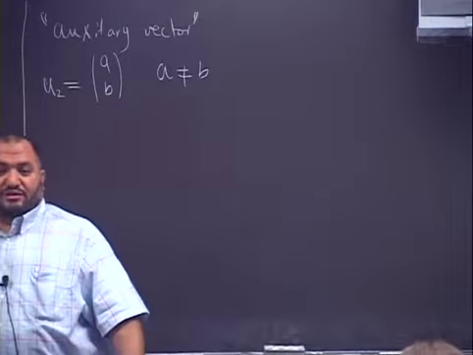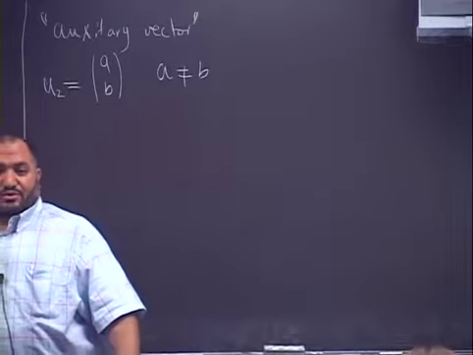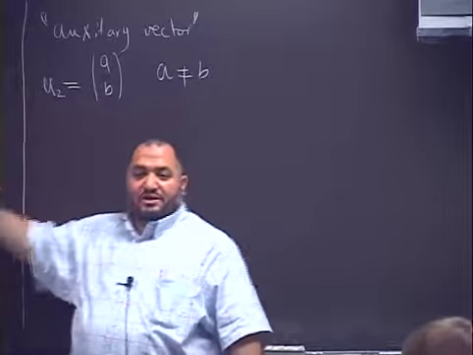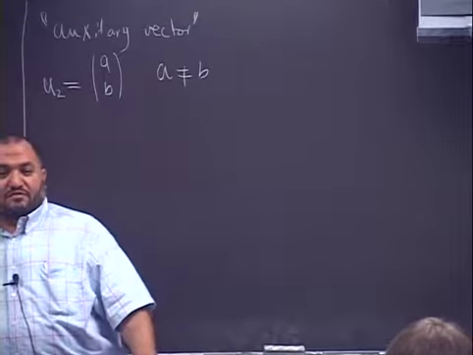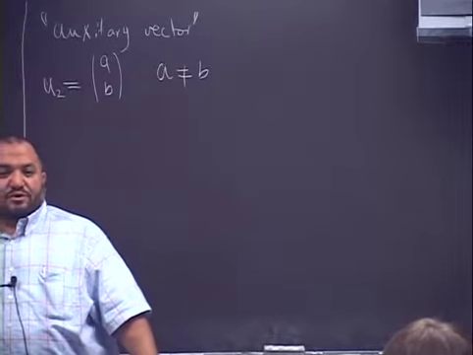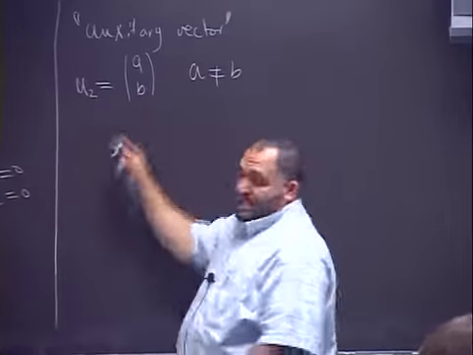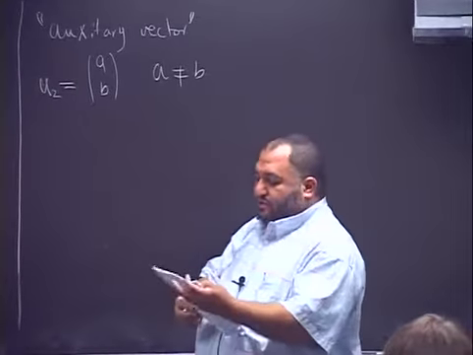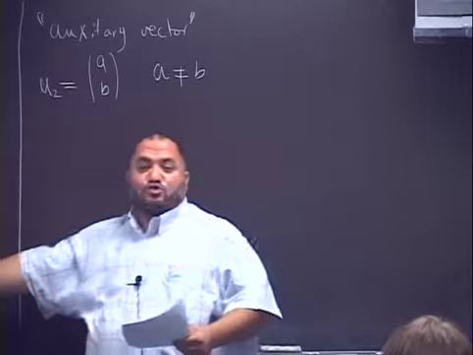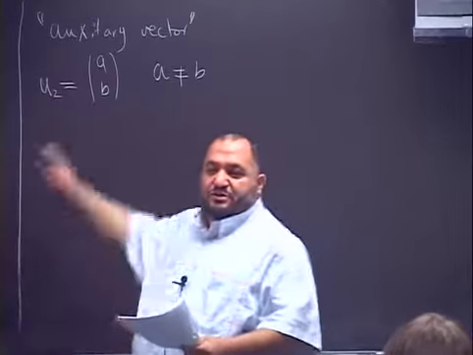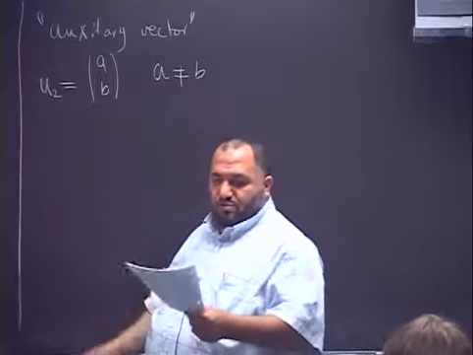And U1 is (1, 1). So the second vector will be a linear combination of the first vector, so I cannot form a basis for the vector space. So in this case, I have to take A and B with A not equal to B, so that I will have two linearly independent vectors which can form a basis.